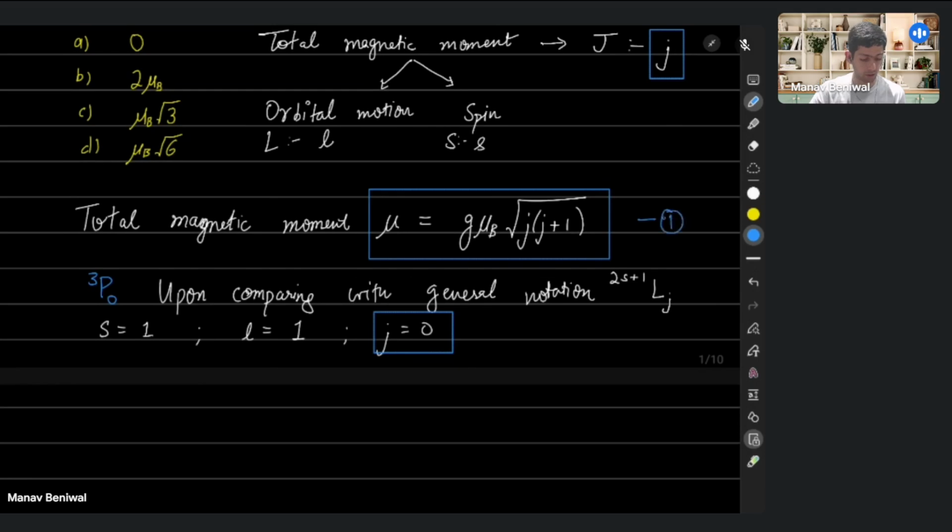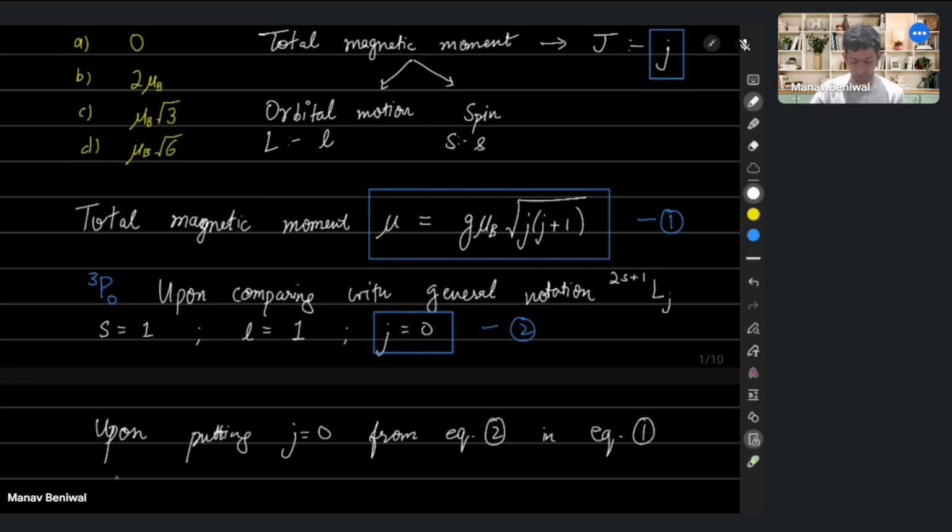Let's say this is equation 1 and this is equation 2. So upon putting J equals 0 from equation 2 and equation 1, we get mu equals 0.